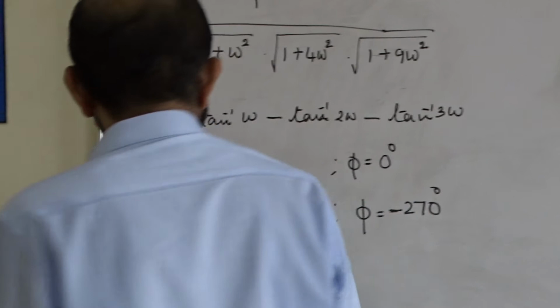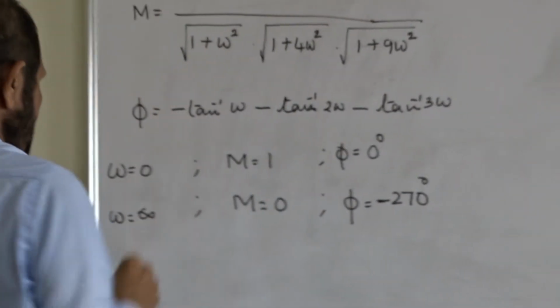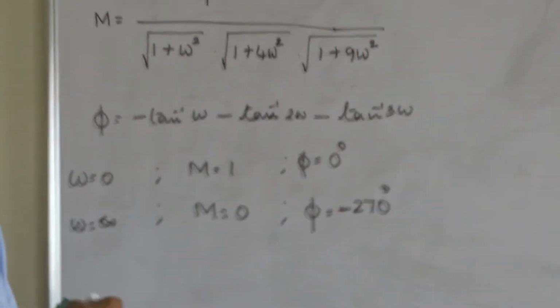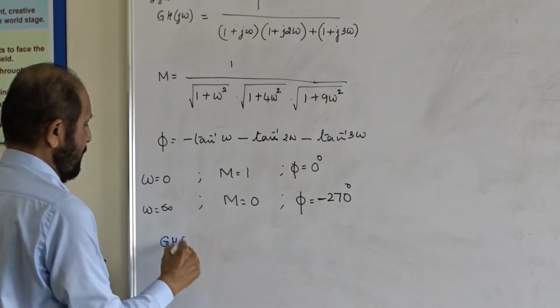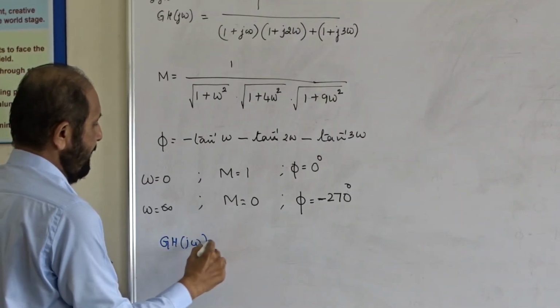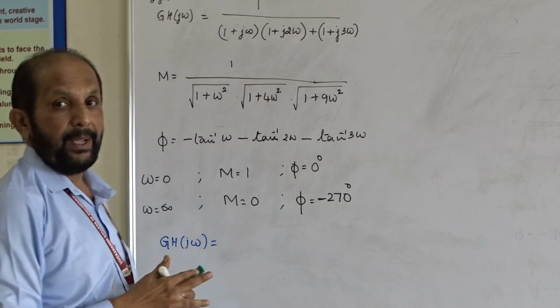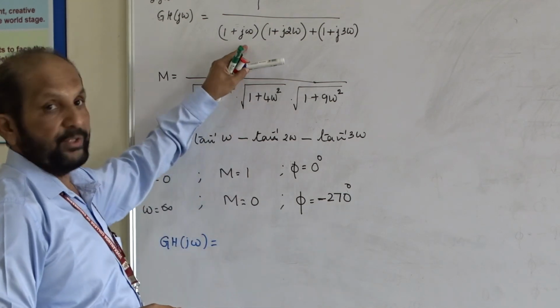So to find where it crosses, you convert the open loop transfer function into Cartesian form. To obtain the Cartesian form, multiply both numerator and denominator by the complex conjugate of the denominator.